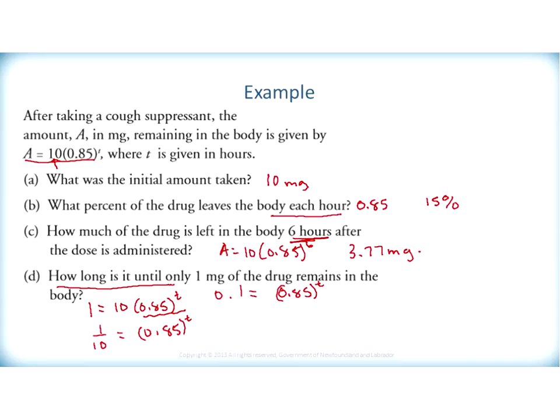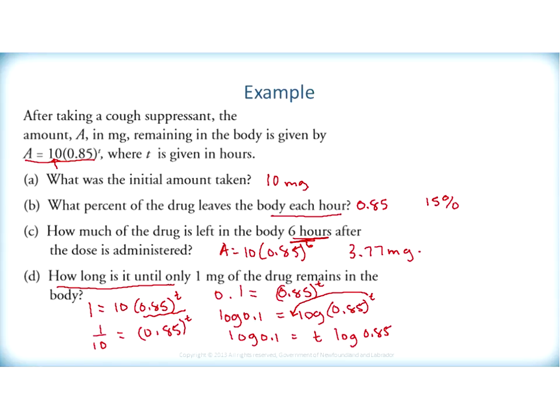Now we'll take the common log of both sides. Log of 0.1 equals log of 0.85 to the power of t. And now we're going to move the t down in front, as we always do here. It's log of 0.1, which equals t times log of 0.85.